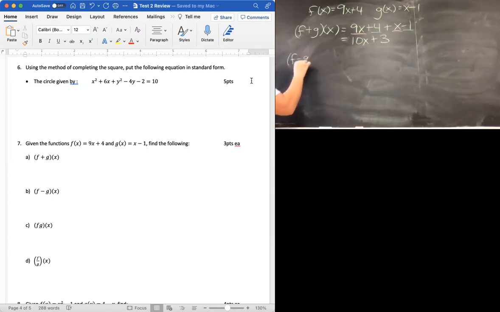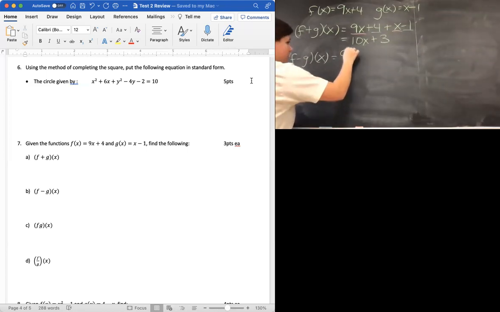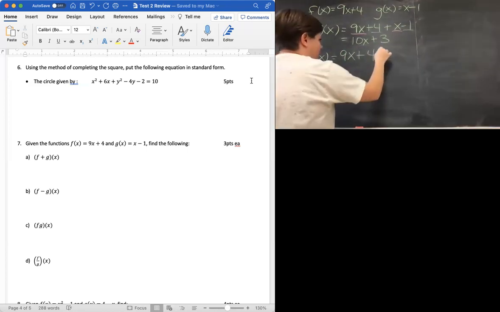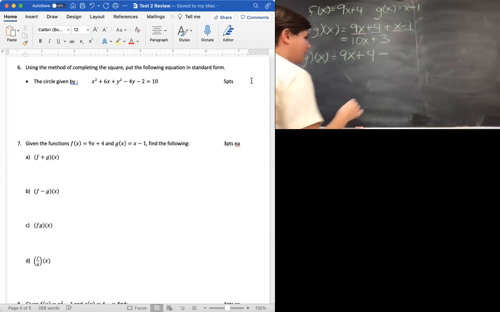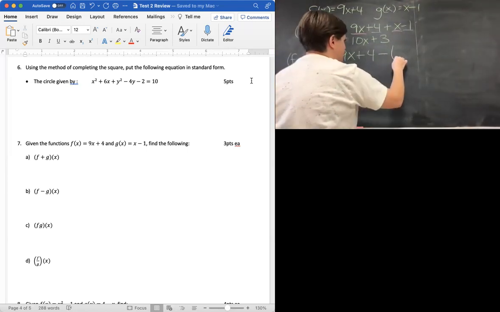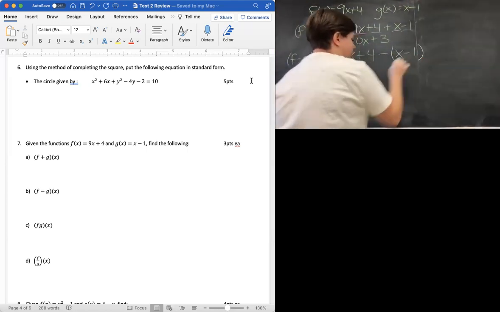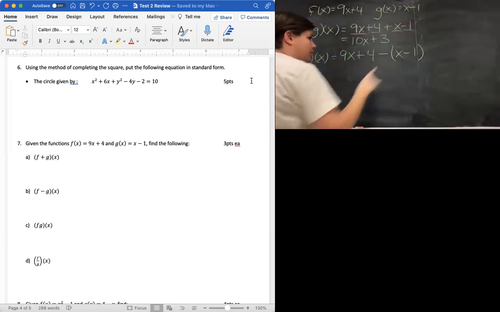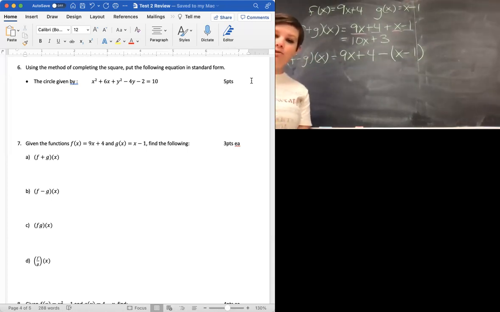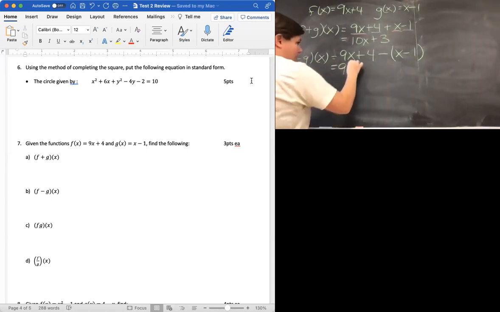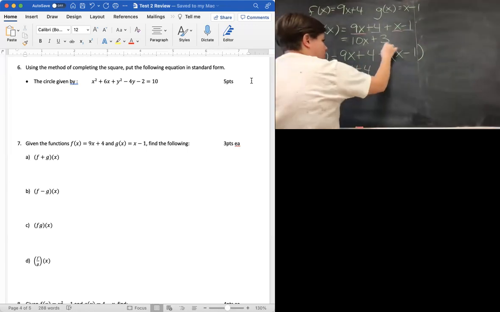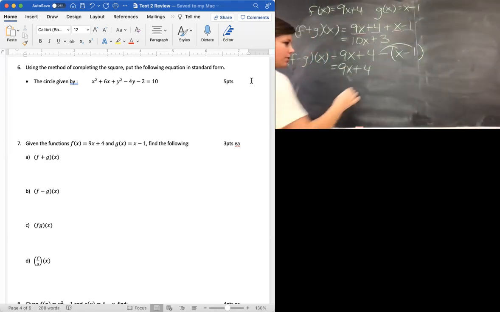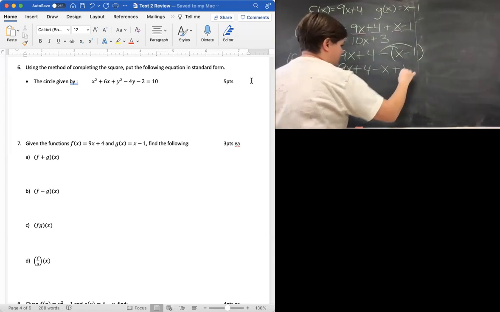For f minus g of x, you write f of x, which is 9x plus 4, and then minus g of x. I always tell you to put your g of x in parentheses, because if you don't, you're not going to distribute that negative into all of the terms of your g of x, and you're going to get the wrong answer. So that's 9x plus 4, distribute that negative in, so it's negative x plus 1.